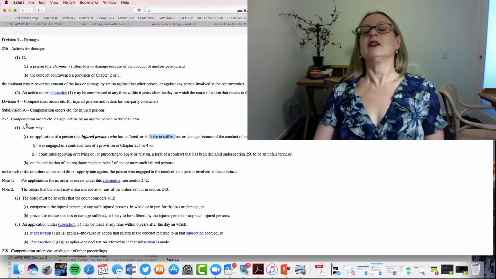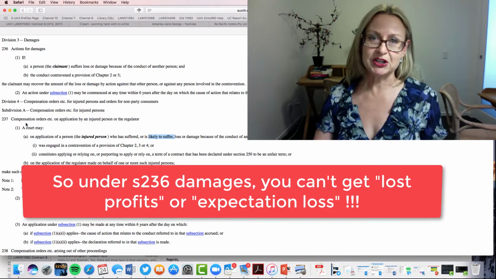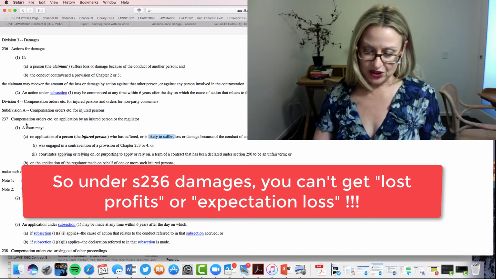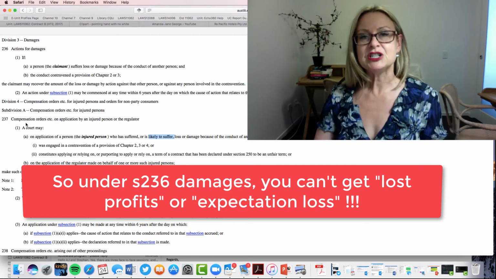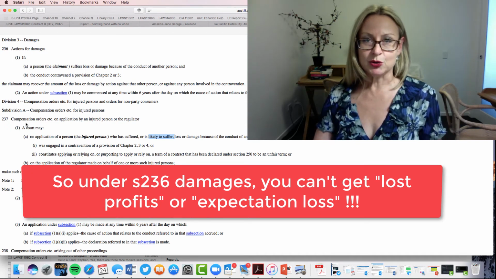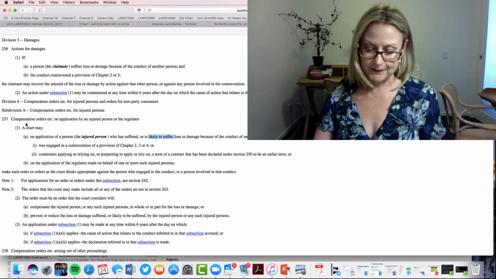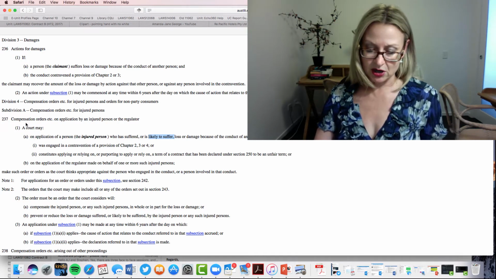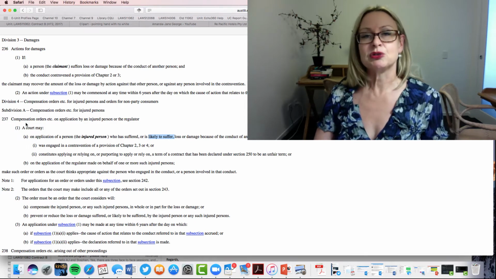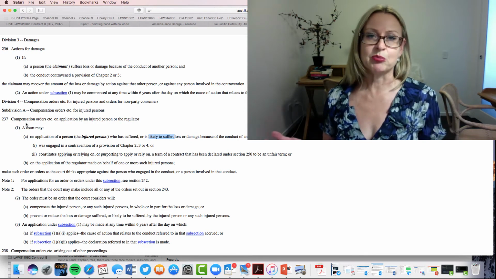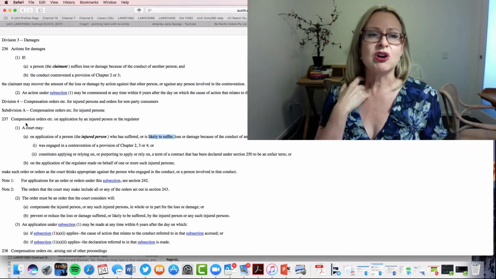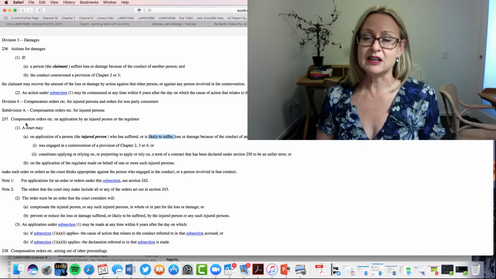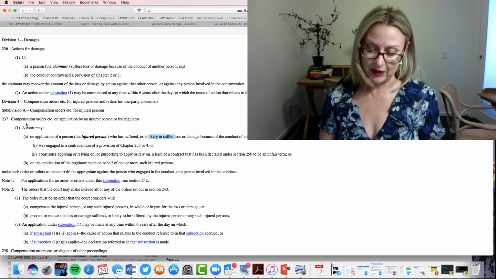Courts will be using, generally speaking, the tortious measure of damages, which is to get that plaintiff back into the pre-tort position that they were in. So again, you're not going to be making money on this kind of thing. You can't get expectation loss generally, so anticipated profits and that kind of thing. That's the kind of money that you'd be seeking under a contractual claim for damages rather than a tortious claim.